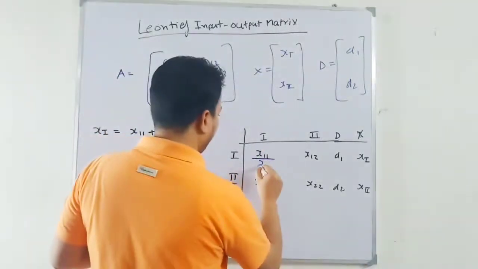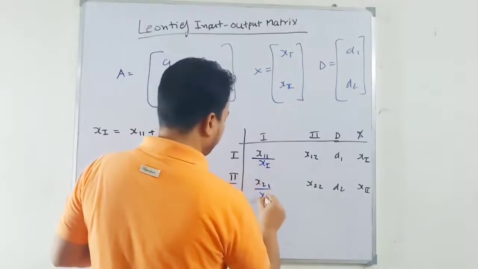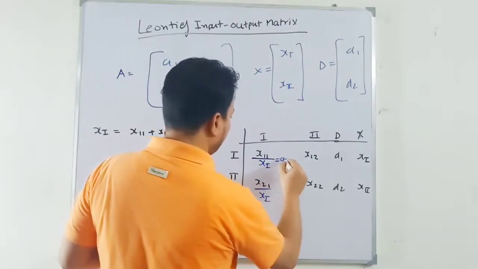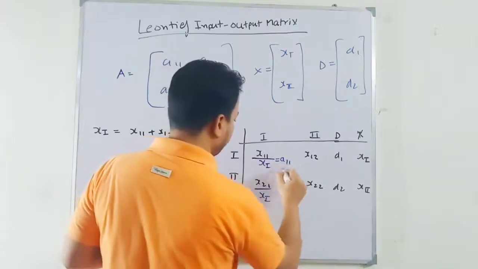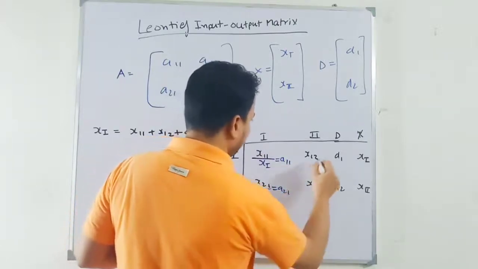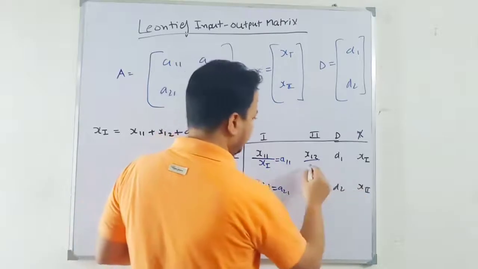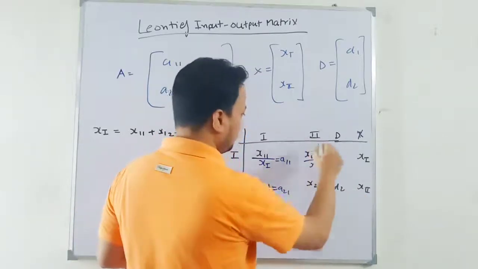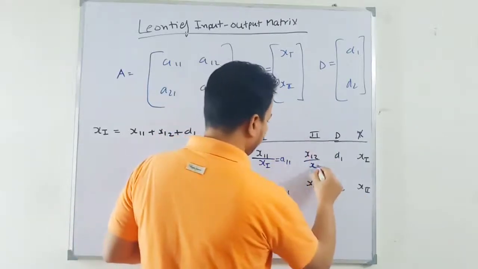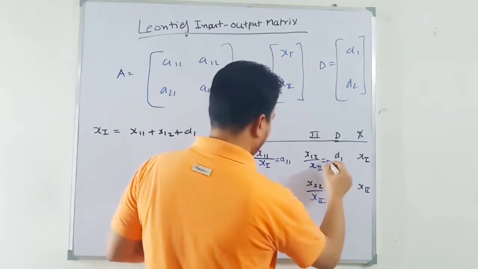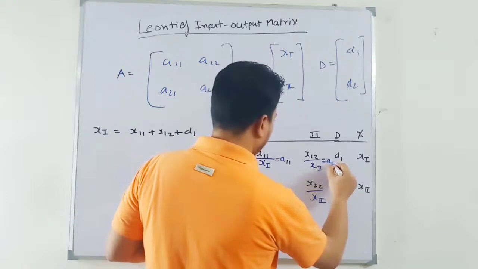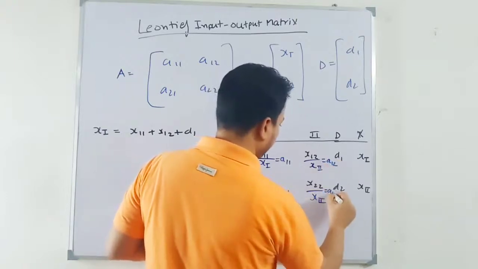When I divide by industry 1 total output, I get per unit use of both inputs, input from industry 1, input from industry 2, A21. Similarly here I divide by x2, which represents consumption of industry 2, and I get A first row second column.